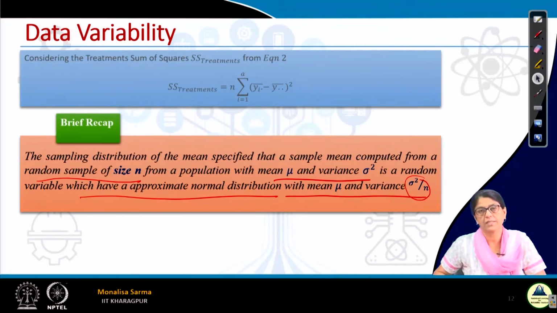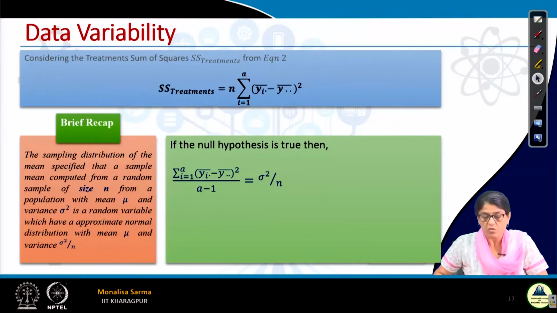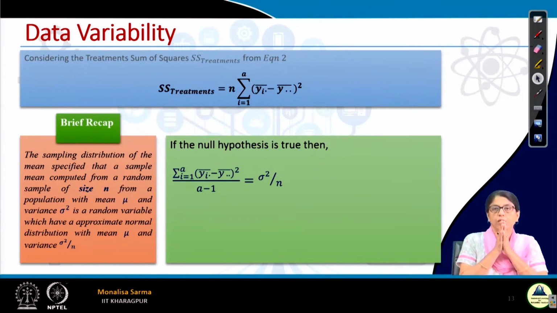Now, we will be utilizing this. Now, try to think. We have a total of a levels, a populations. From these a populations, we have taken a samples in total, each of size n.